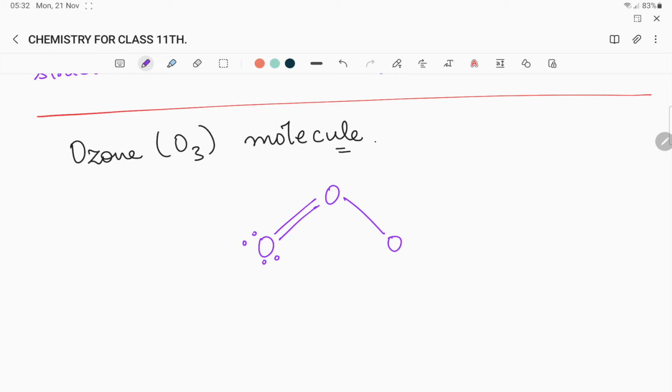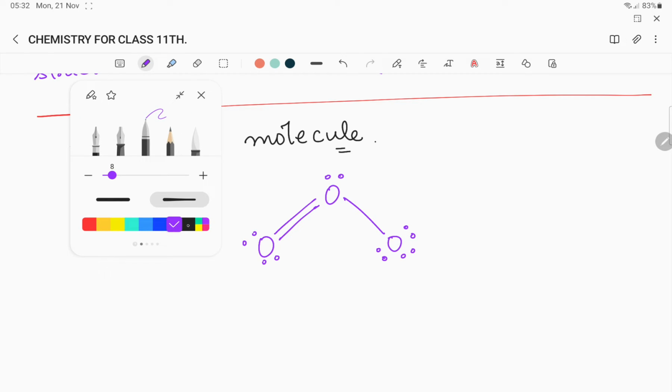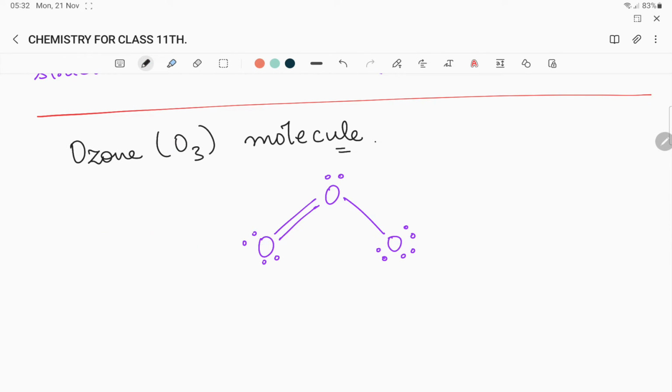There are two lone pairs, one lone pair here, and three lone pairs on the last oxygen atom. Now to make our problem easier, we can give numbers to these oxygens. Let us call this oxygen 1, the left hand side oxygen 2, and the right hand side oxygen 3.